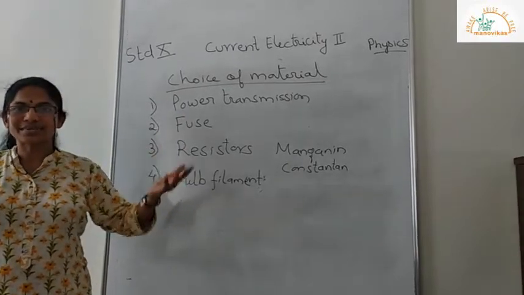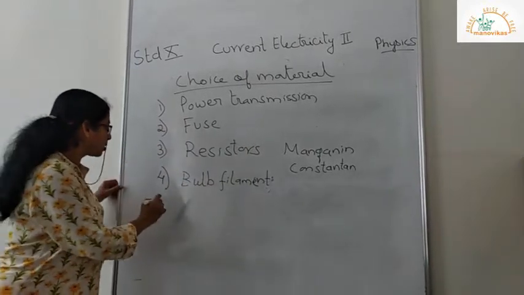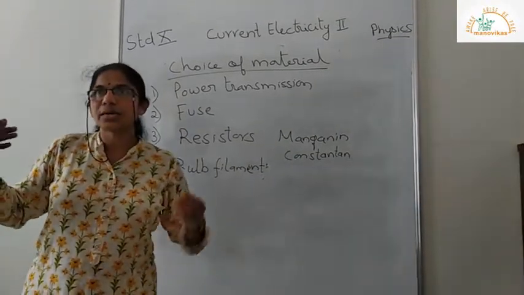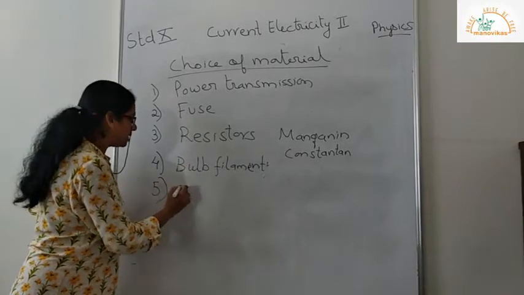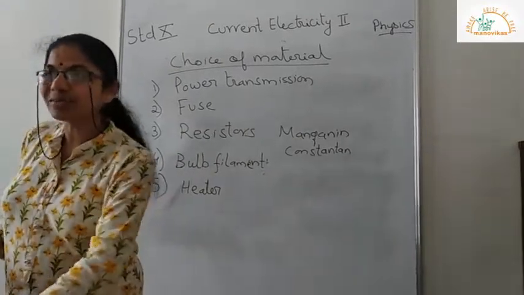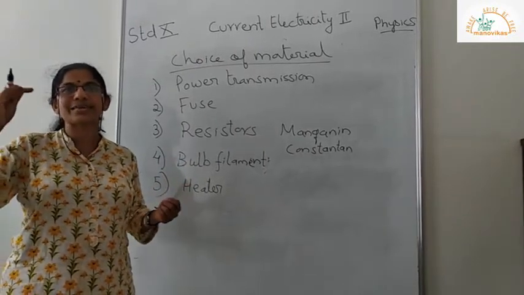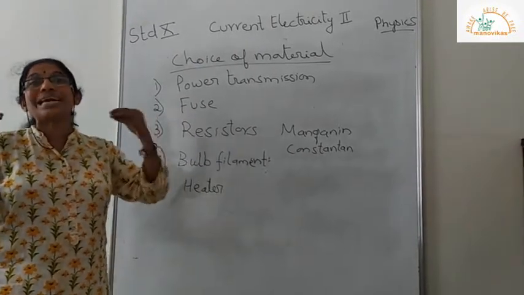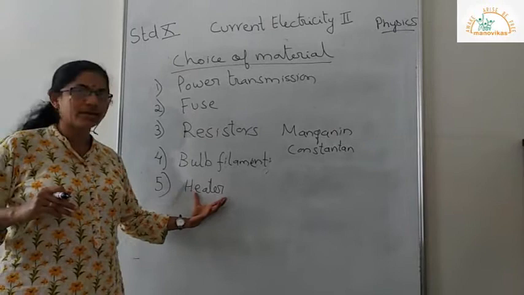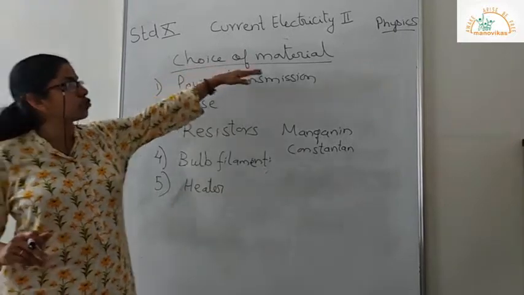For a bulb filament, usually tungsten is used. Then the fifth one, if any heating material is to be used, for example in heaters and geysers, the element used is a nichrome wire, because it should have very high resistance and should not melt easily, that is, a high melting point. So for heaters and geysers, these materials are used. So this was regarding the choice of material.